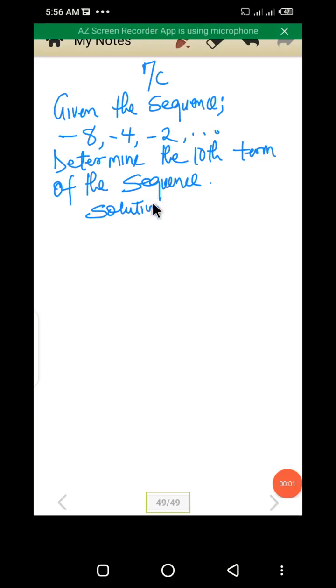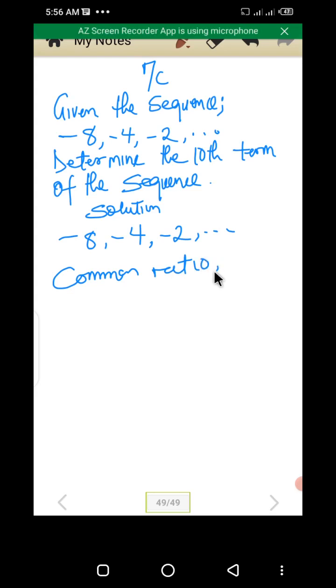Question 7 says: given the sequence -8, -4, -2, determine the 10th term of the sequence. If you study this sequence, you discover that the terms have something in common, which we call a common ratio. How could we get the common ratio?